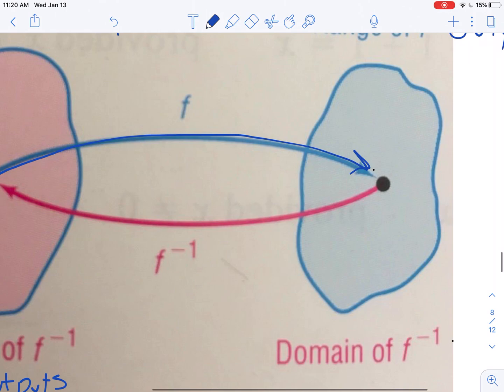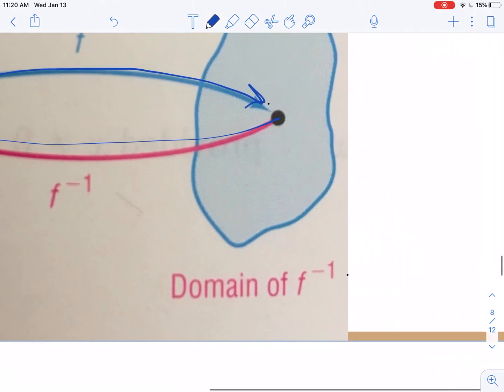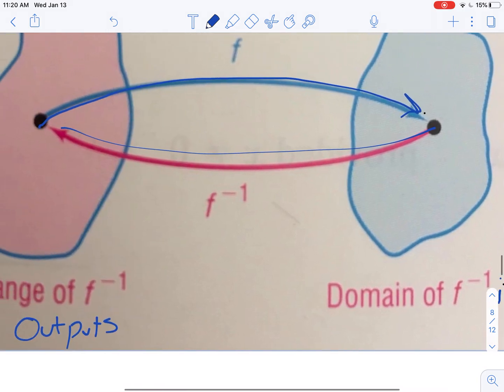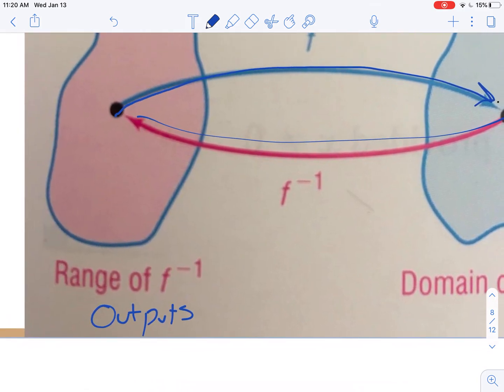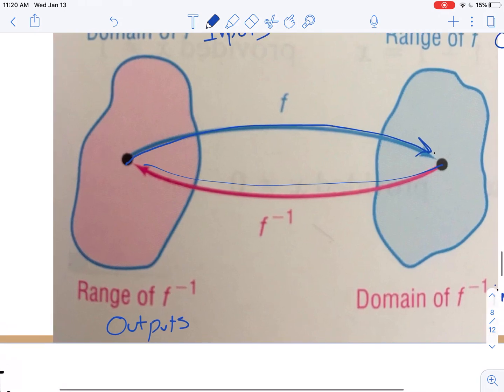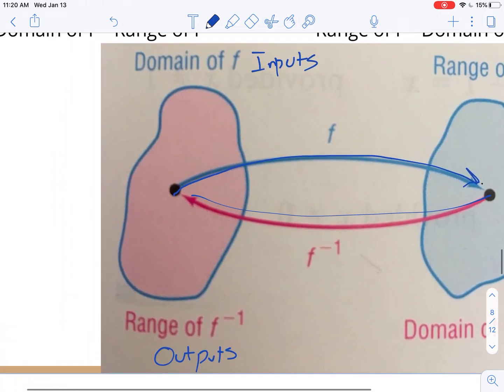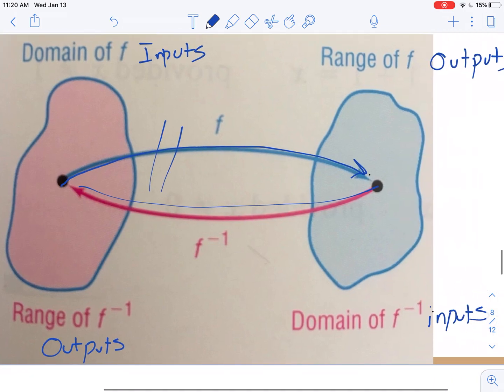Well, with my inverse function machine, I put the inputs into the inverse function and got to the range, and those are my outputs. The outputs of my inverse function are equal to the inputs of my original function, just like the outputs of my original function are equal to the inputs of my inverse function. They're equal values every single time.